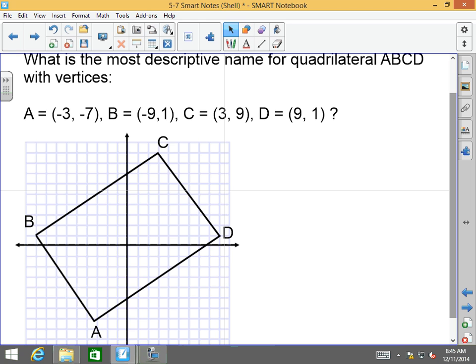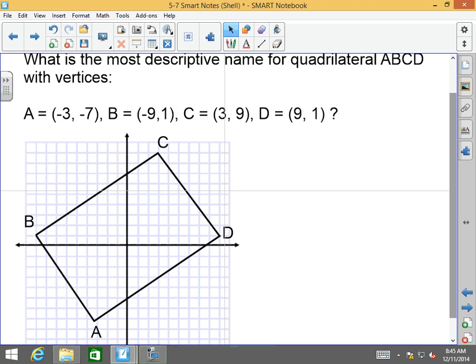And then we're going to check to see if the consecutive sides are 90 degrees. If the consecutive sides are 90 degrees, then what kind of a parallelogram is it? A rectangle. Then we can use the distance formula to see if opposite sides are congruent. Then we can see if all sides are congruent. Okay? And then it can maybe be a square or a rectangle or just a parallelogram.